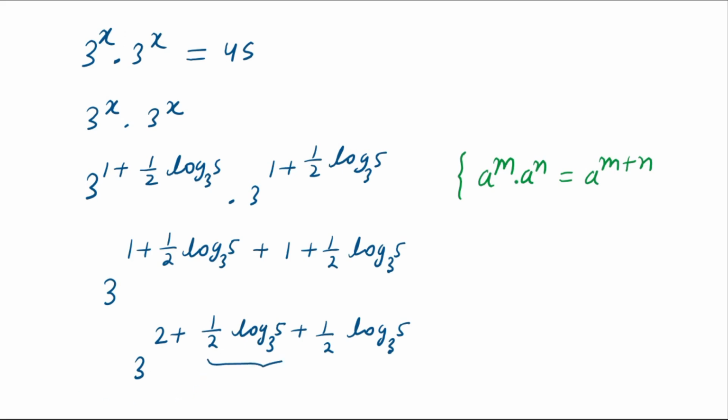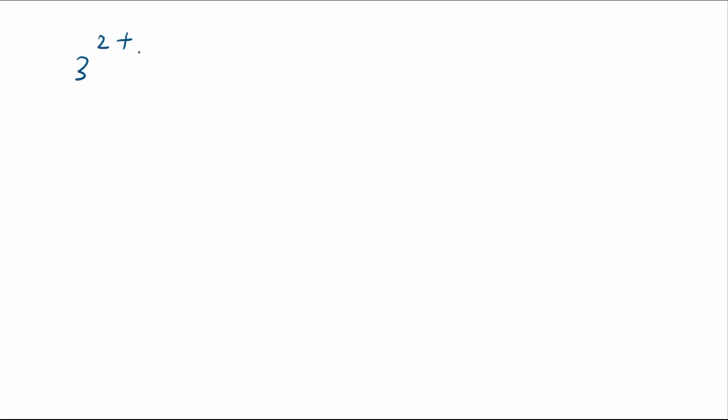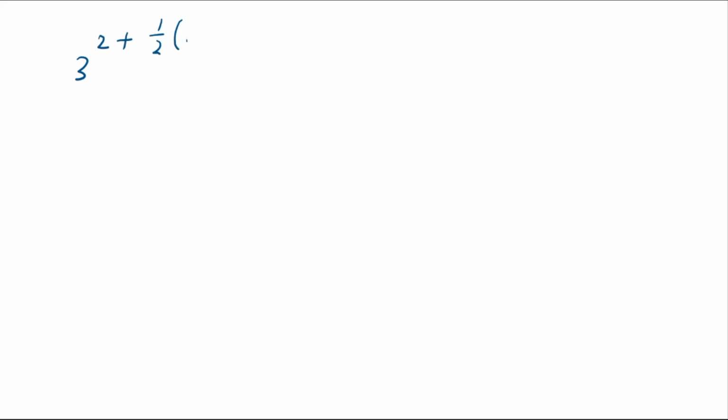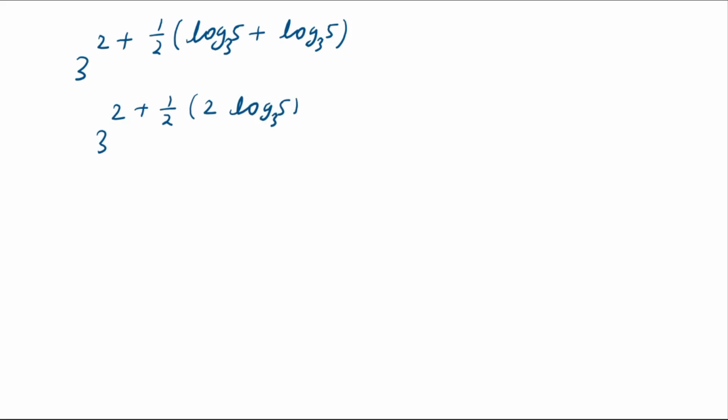Look carefully at these two terms; if we take 1 half common, then inside the bracket log 5 with base 3 plus log 5 with base 3. Then it is 3 power 2 plus 1 half times twice log 5 with base 3.